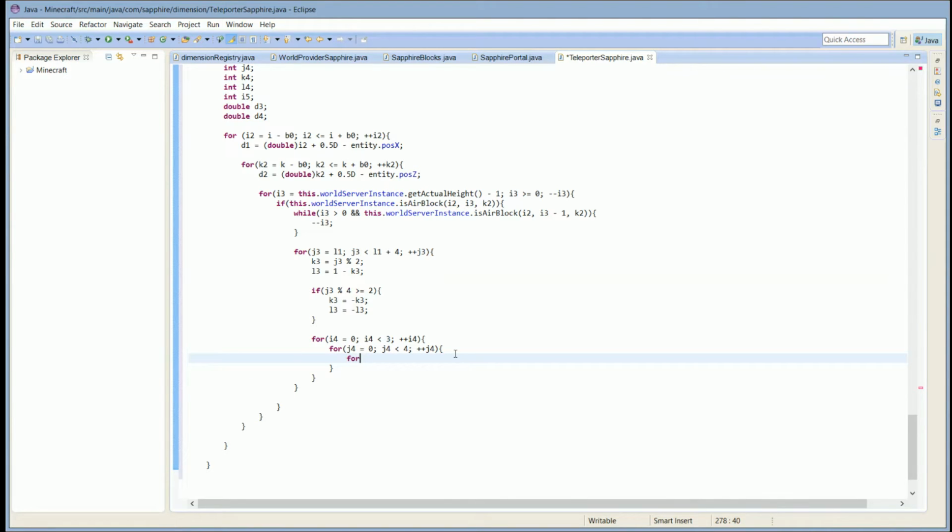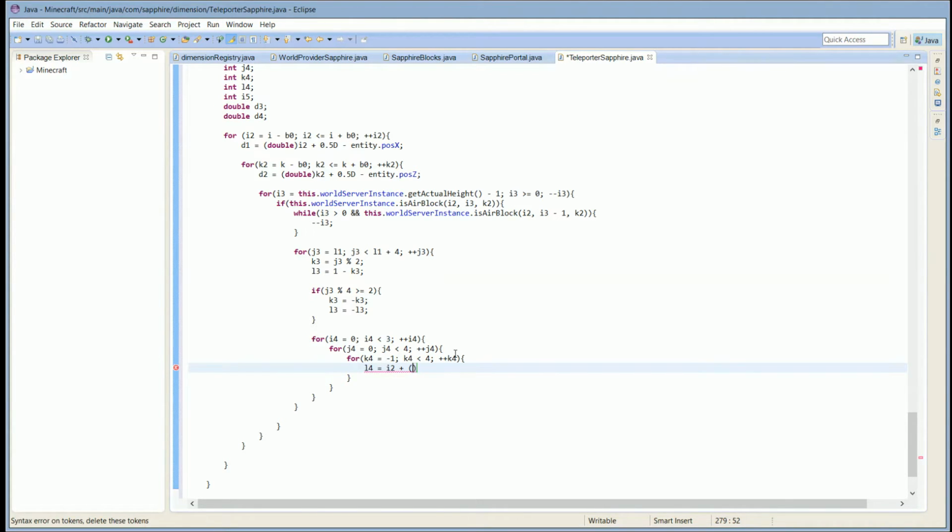And for K4 equaling -1, and K4 being less than 4, then continue with K4. Okay? So for all of these things, L4 is going to equal I2 plus J4 minus 1 times K3 plus I4 times L3. Okay, so this is, once again, setting up for positioning.